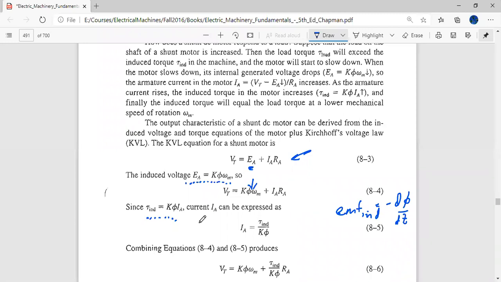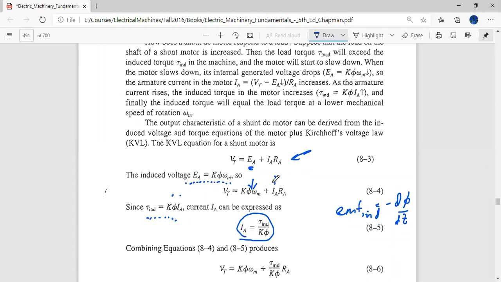Force also causes the torque. So the torque is proportional to the flux of the machine, and also proportional to the current in the armature. So I can make IA the subject here, and I get the resulting expression that IA is equal to tau induced over K phi.